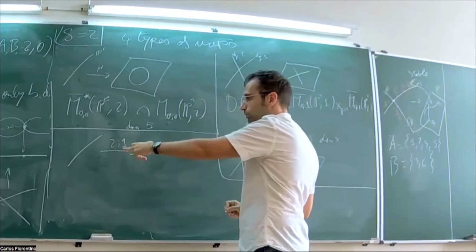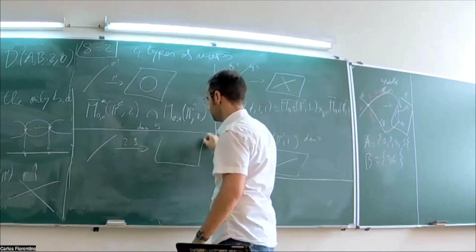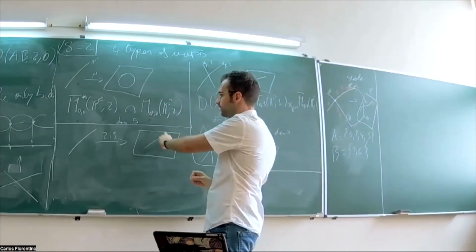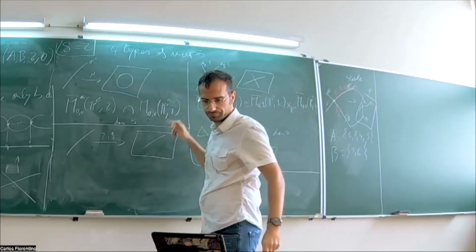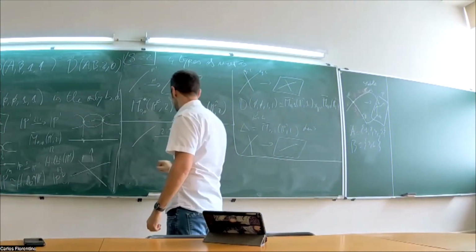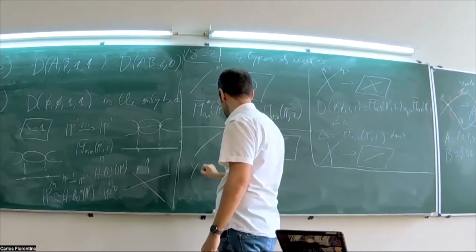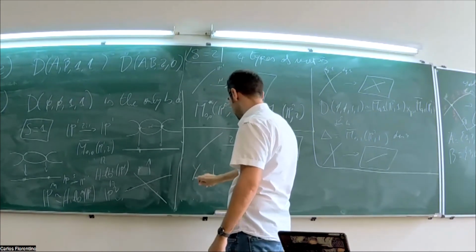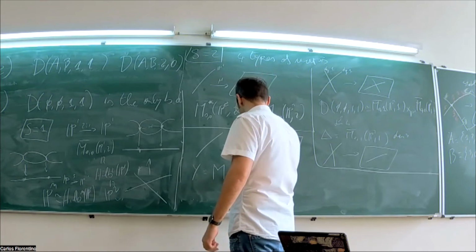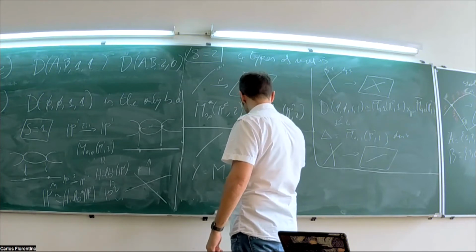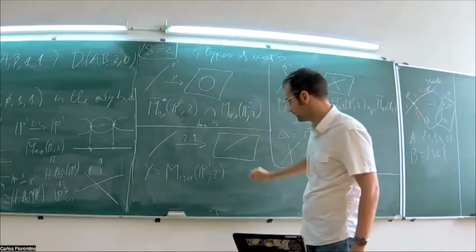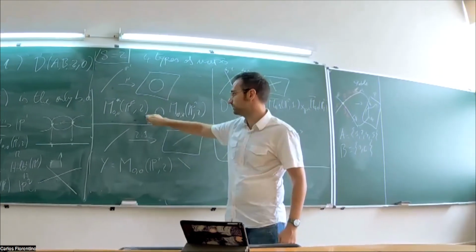So we also have maps with irreducible domain, which are not injective. So it's this one. This space, let's call it Y, is this minus this.